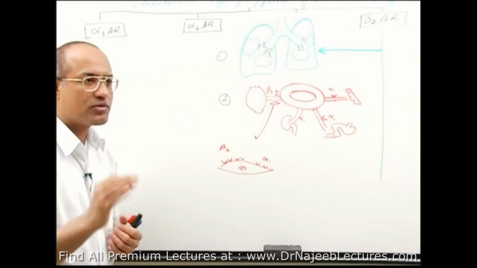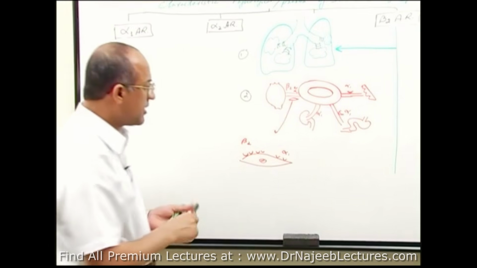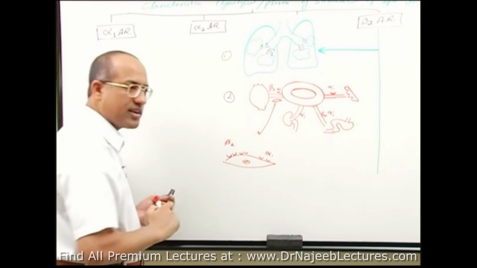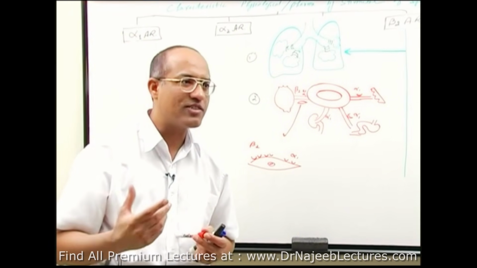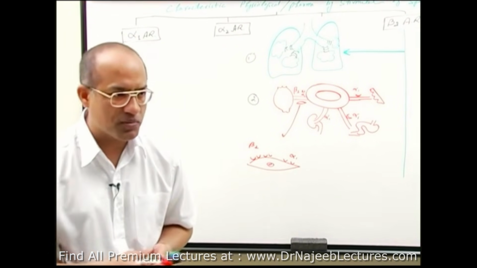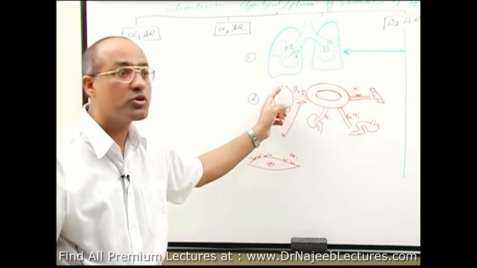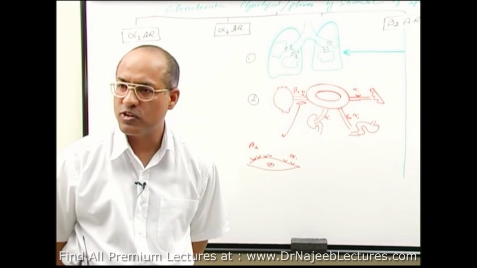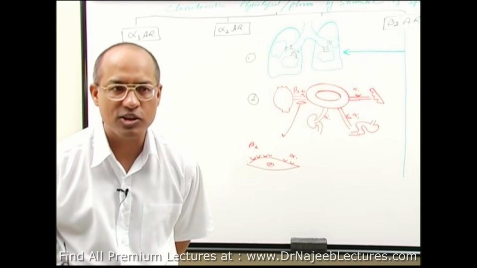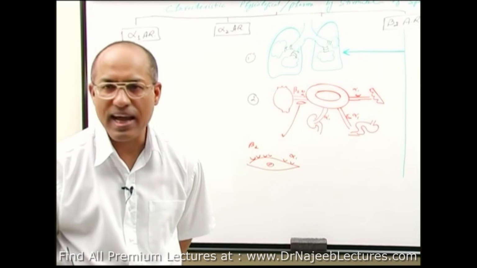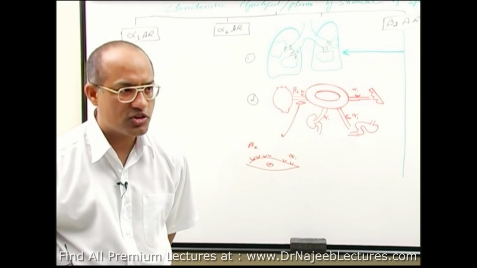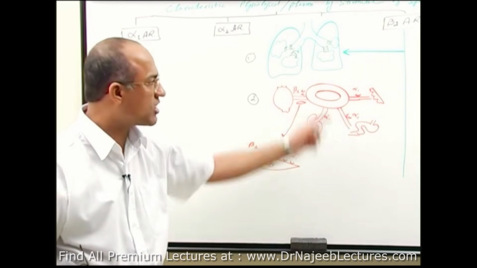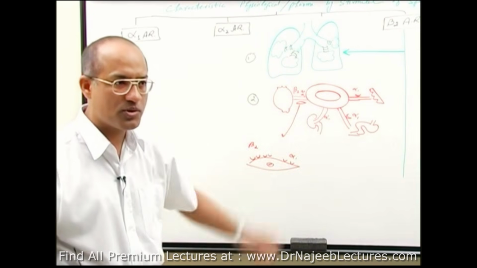So when you give a drug which is mainly beta 2 stimulant, then beta 2 receptors will be stimulated and there will be beta 2 mediated relaxation of vascular smooth muscle in the blood vessels going to skeletal muscle especially. So skeletal muscle arterioles will relax, right? And peripheral resistance to skeletal muscle will be reduced.